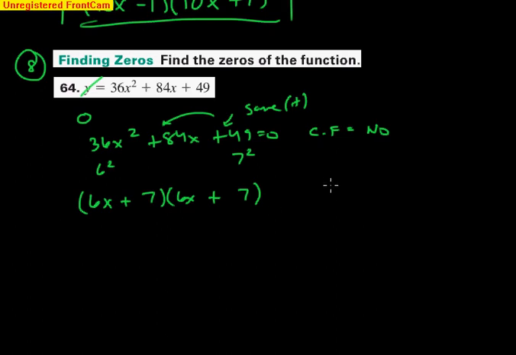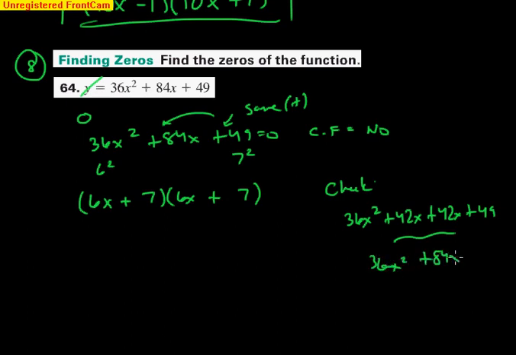Now let's check real fast before we keep going. So we do get 36x squared plus 42x plus 42x plus 49. 36x squared plus 84x plus 49. Hey! That works.